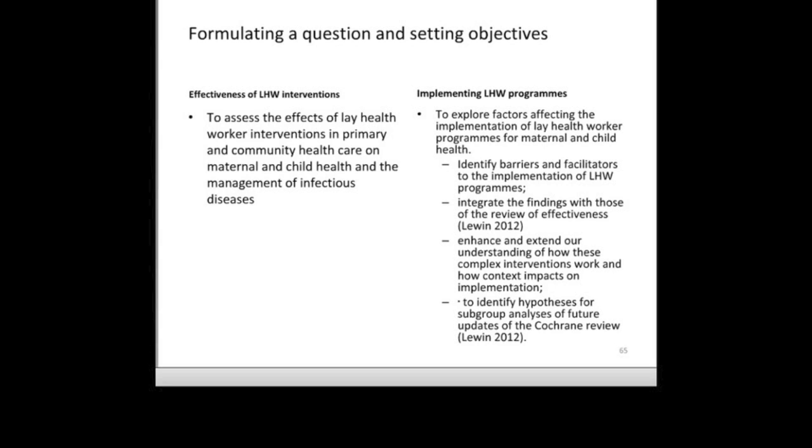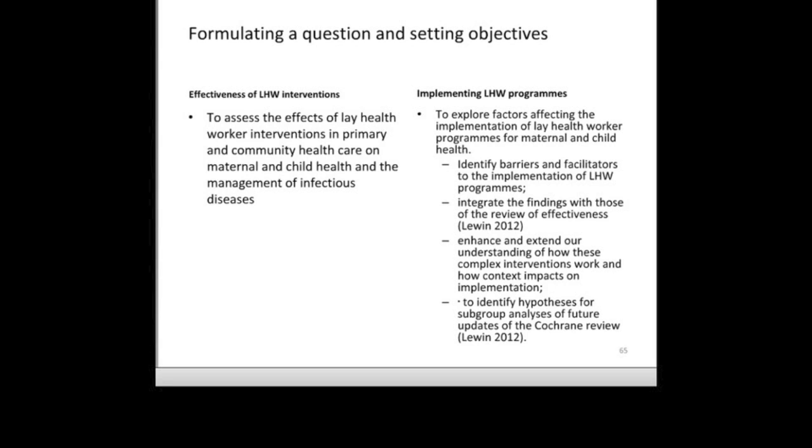So they actually identified barriers and facilitators to the implementation process and tried to integrate these findings with the results of the effectiveness review. And that actually helped to enhance and extend the understanding of how these complex interventions may work and how context actually impacted on the implementation.